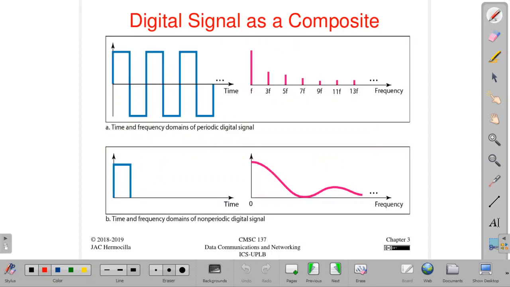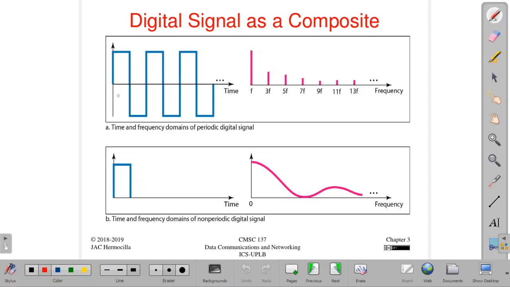So in the previous video, we talked about signals being composed of simpler sine waves. That's also true for digital signals. So the figure here shows two digital signals.